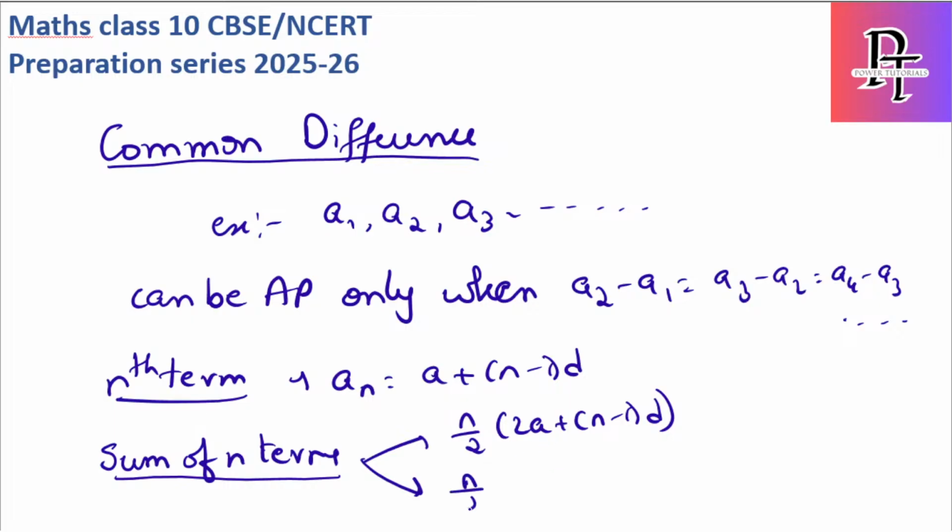The second formula is n by 2 into a plus l, where l is the last term. You have to remember these formulas. Using these we can solve any question from the Arithmetic Progression chapter. Okay, let's solve the first one.